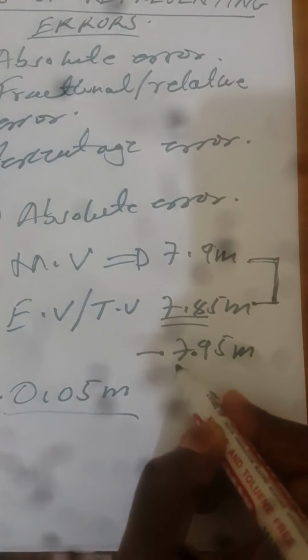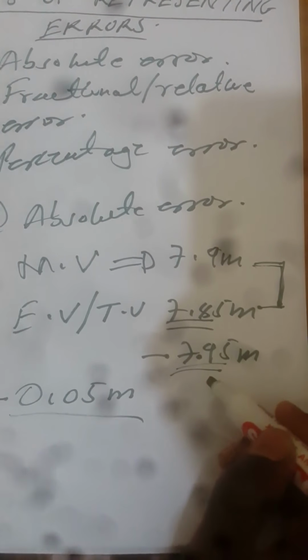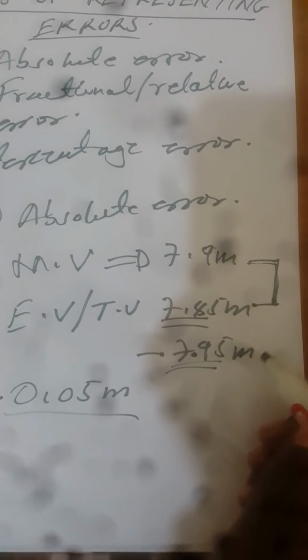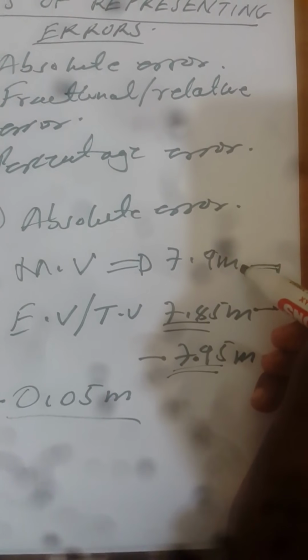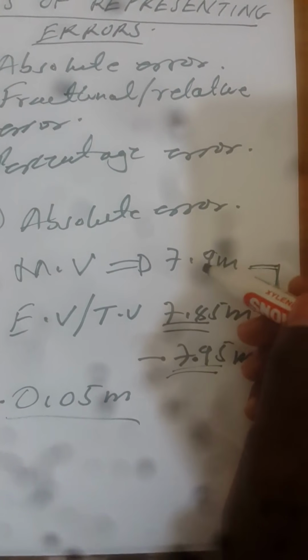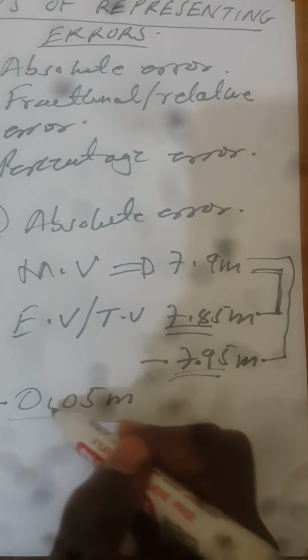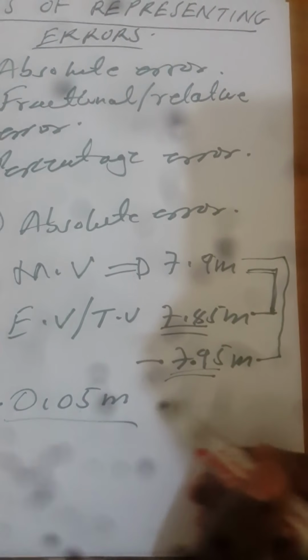Okay, now consider the second exact or true value, which is 7.95 meter, and our measured value is 7.9 meter. The difference between these is also 0.05 meter.